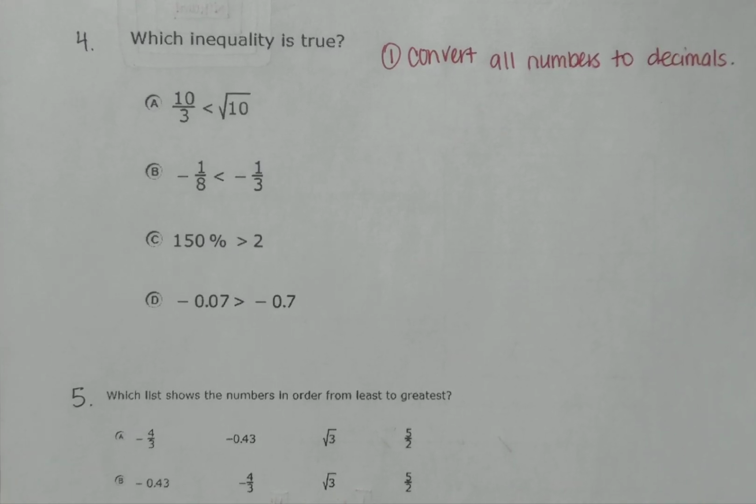The reason we convert all of the numbers to decimals is because it's easiest to compare decimals, because we deal with decimals quite frequently, like dealing with money, right? So again, decimals are just the easiest to work with.